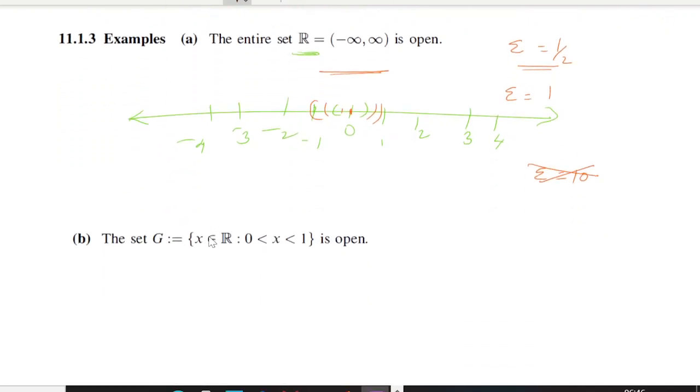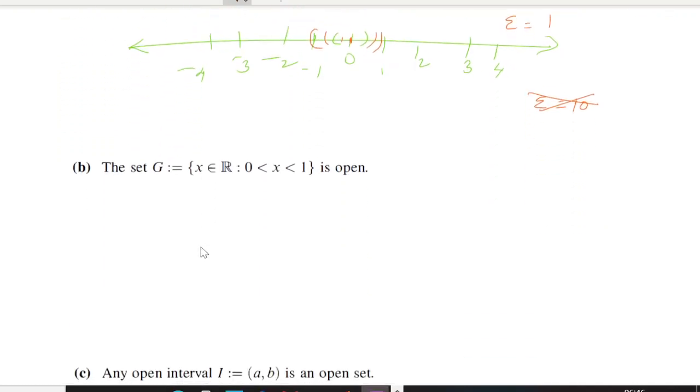Next example is the set G. G is the set of all x belonging to R such that 0 less than x less than 1. What is that set? Here is 0, here 1, here minus 1, minus 2, and extending this, 2. Now this is my real line.